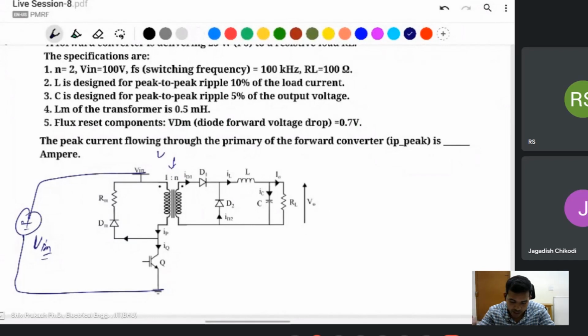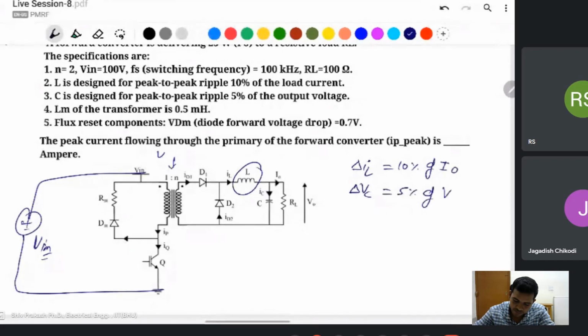Load resistance is 100 ohm. L is designed for a peak to peak ripple of 10% of the load current, so delta IL is 10% of I0. And the capacitor is designed for a peak to peak ripple of 5% of output voltage, delta Vc is 5% of V0. Magnetizing inductance of the transformer is given as 0.5 millihenry.